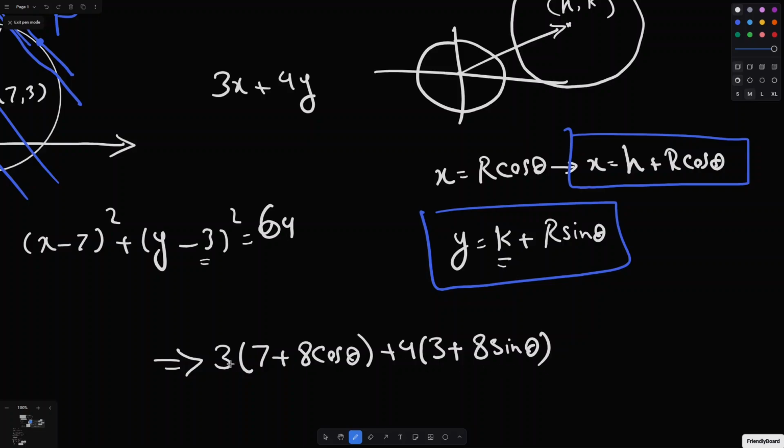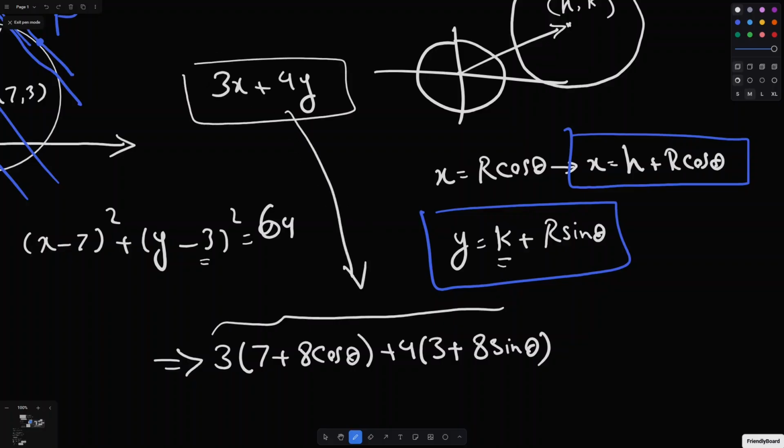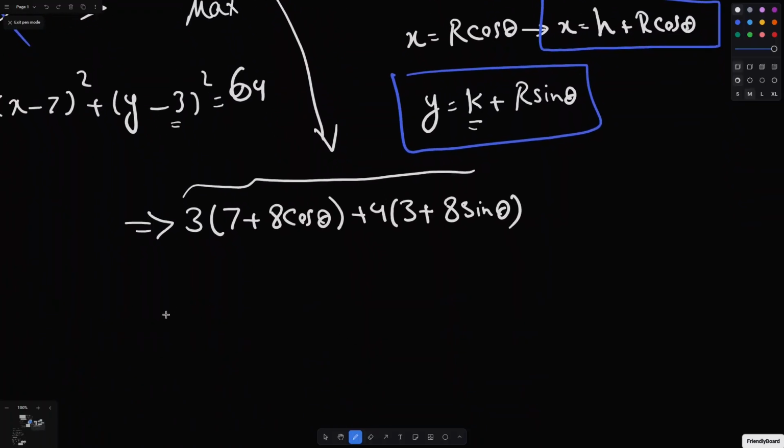So it's 3 multiplied by 7 plus 8 cosine theta, plus 4 multiplied by 3 plus 8 sine theta. And remember, this whole thing comes from what the problem is asking us: the max of this equation. All we did was transform from Cartesian to polar, because it's on a circle, which might make everything simpler. Now all you have to do is solve this.